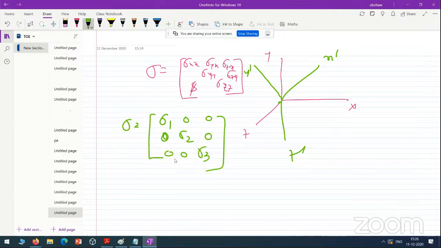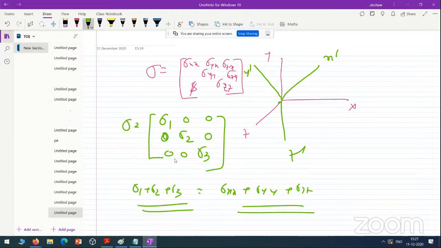So sigma 1 plus sigma 2 plus sigma 3, the trace of this matrix, is equal to sigma xx plus sigma yy plus sigma zz. So this is invariant. Similarly, the other two invariants are the summation of the cofactors of this matrix, and then the determinant of this tensor.